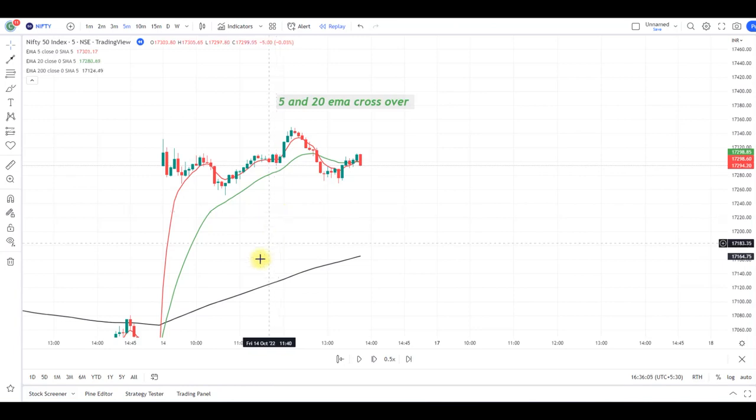We can use 5 and 20 EMA crossover. When you see here, the 5 and 20 EMA has given the crossover. So one can enter into the short trade below this red candle.